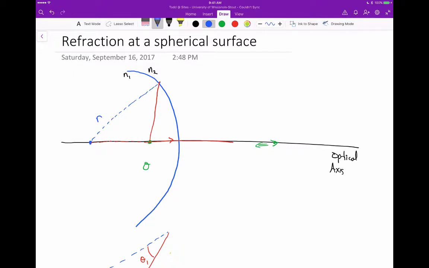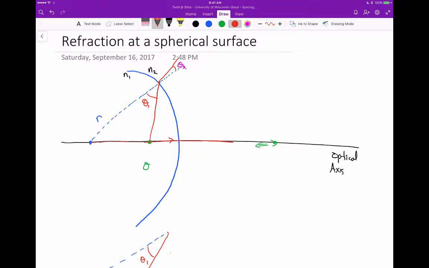The reason is the radius defines a normal at that point. Let's assume that in this case, the ray bends towards the normal. So this angle right here is theta 2. And the angle inside here is theta 1.